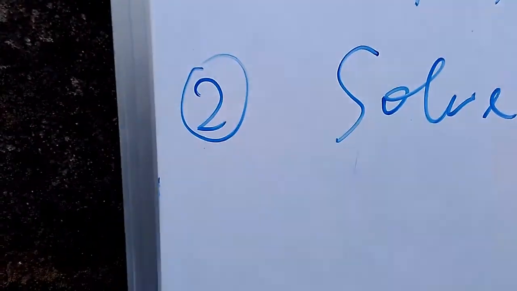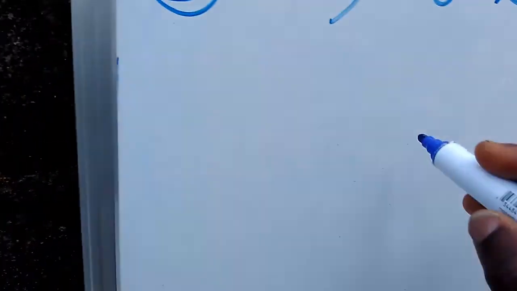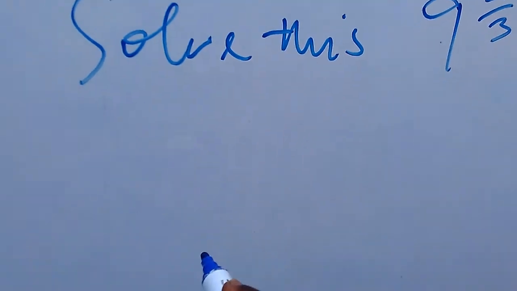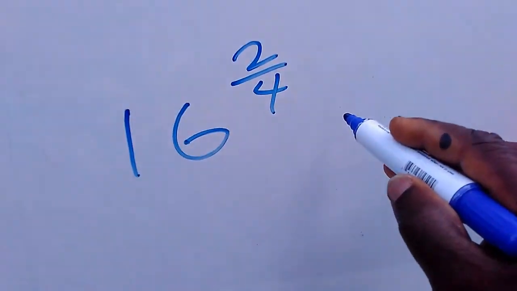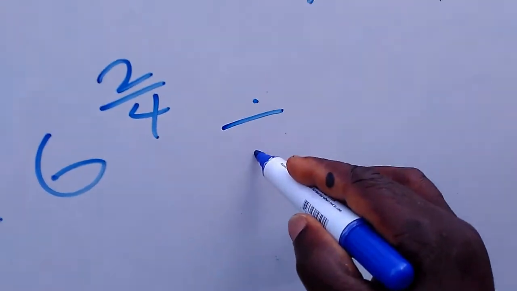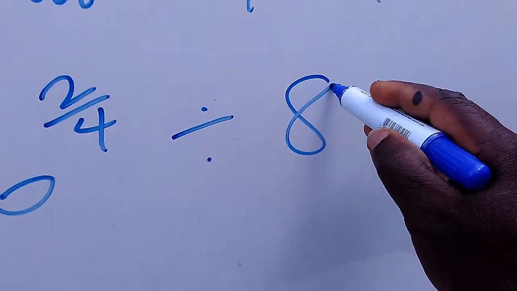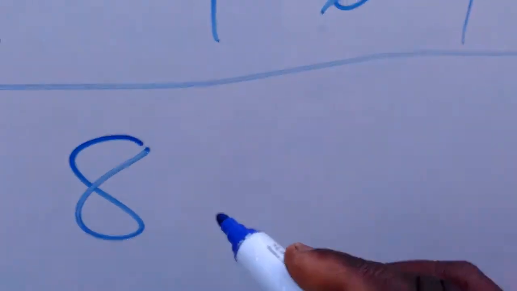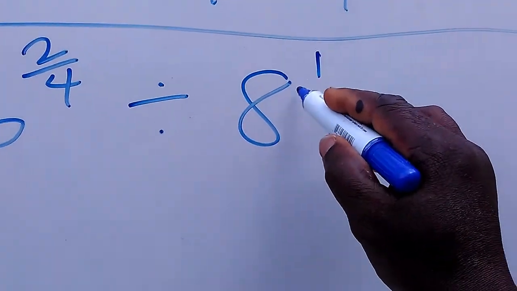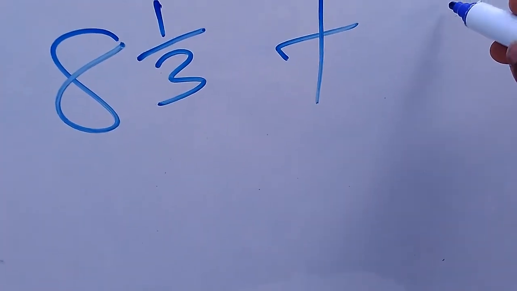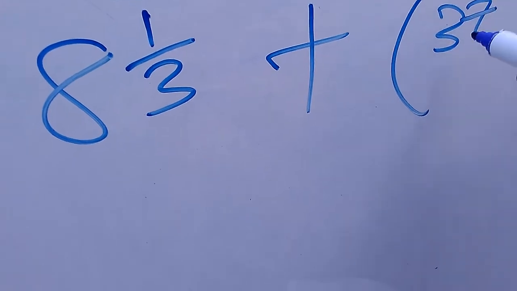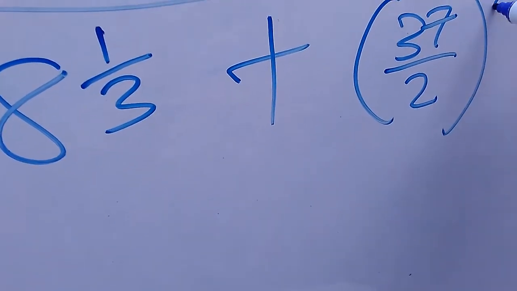So, example 1: 16 to the power 2 all over 4, 8 to the power 1 all over 3, plus 37 all over 2 raised to the power 0.